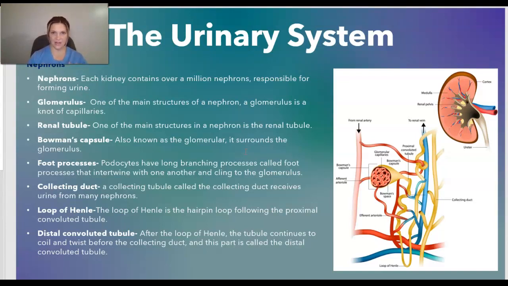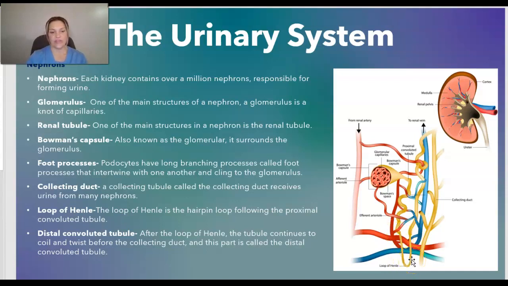There's the collecting duct of each nephron, a collecting tubule called the collecting duct that receives urine from many nephrons. The loop of Henle is the hairpin loop following the proximal convoluted tubule. You can see that right here.